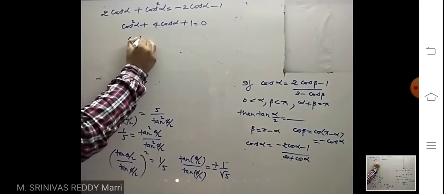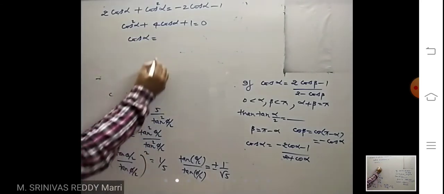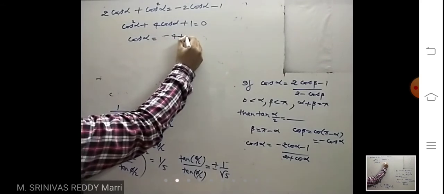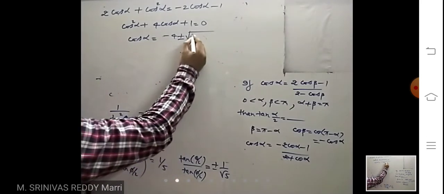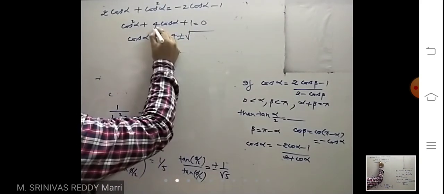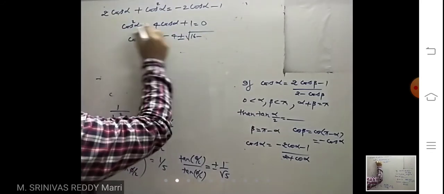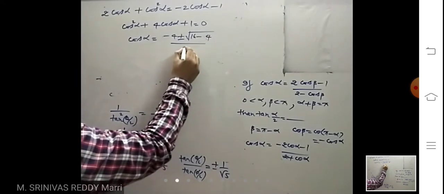Cos alpha is nothing but, using the quadratic formula, minus 4 plus or minus root of b square, which is 16, minus 4 into a into c, 4 into 1 into 1, divided by 2.